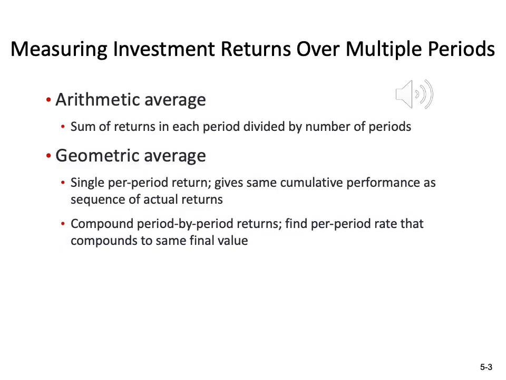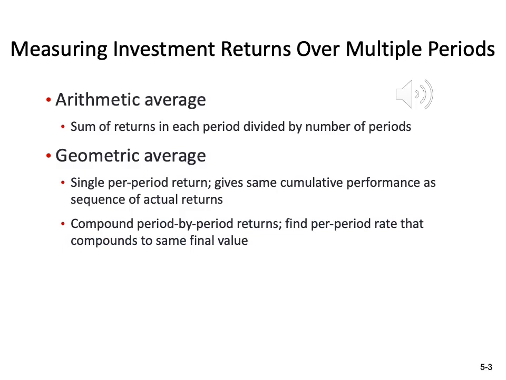When we measure investment returns over multiple periods, we'll have to calculate the average return over the multiple periods. We have two ways to do that. The first one is called arithmetic average return, which is the average across all returns over the multiple periods. You add up all the returns over these multiple periods divided by the total number of periods.